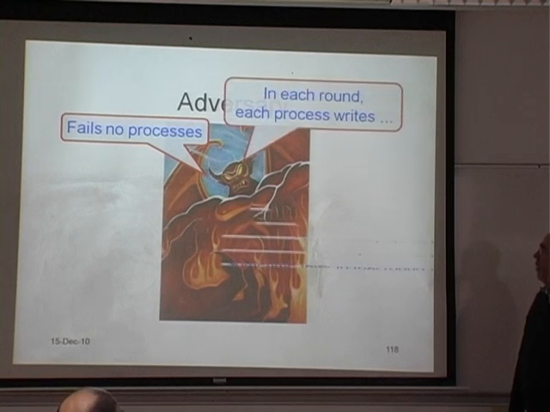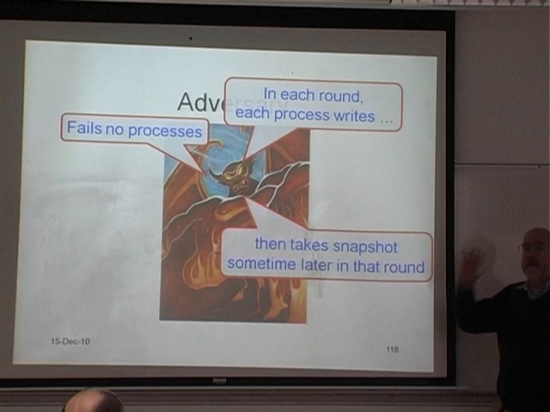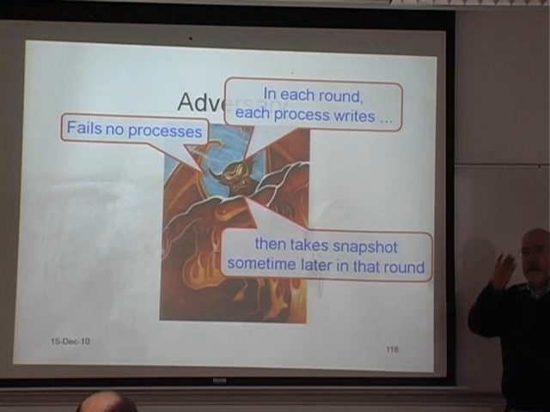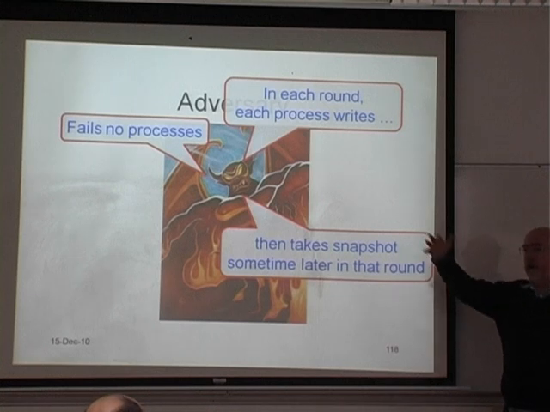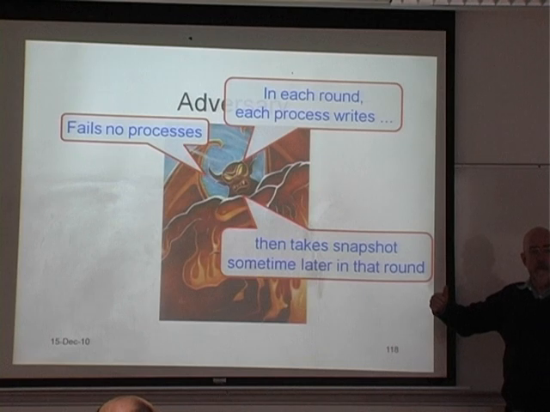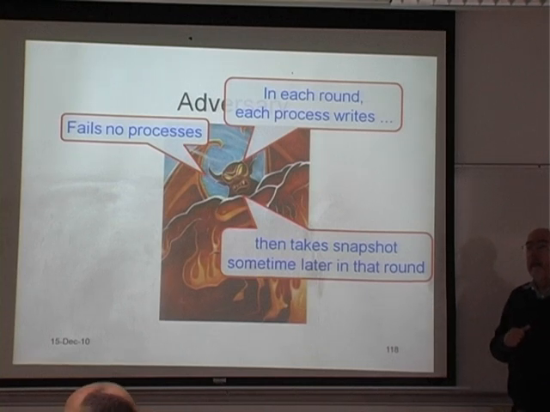So in each round, each process is going to write and then take a snapshot. Writing is atomic, and taking a snapshot of memory is atomic, but these two steps are not done atomically, in the sense that a process can write, go hang out on the beach, have dinner, come back, and then do the snapshot. How long will we be at the beach?